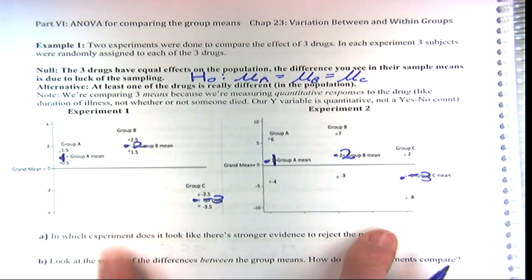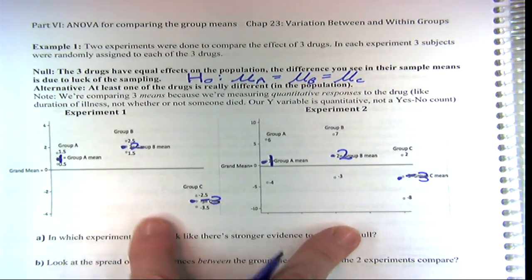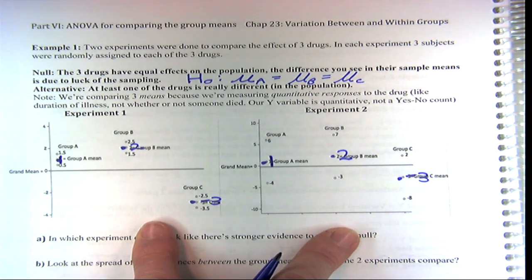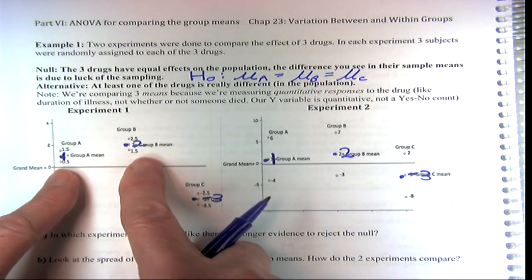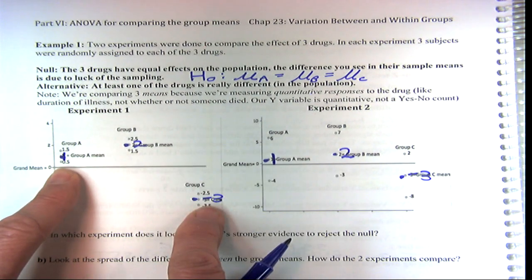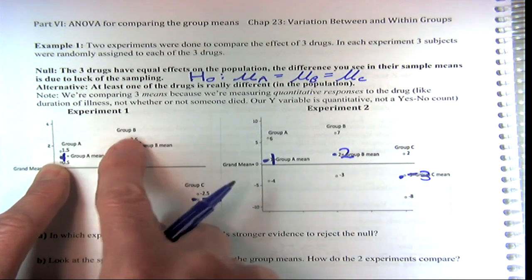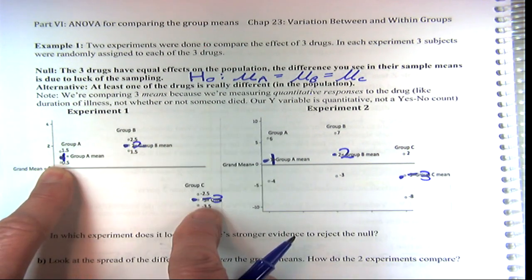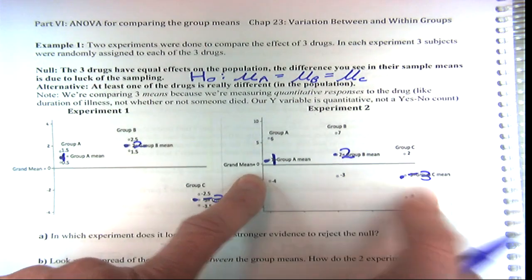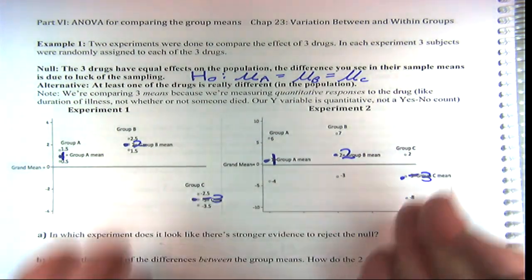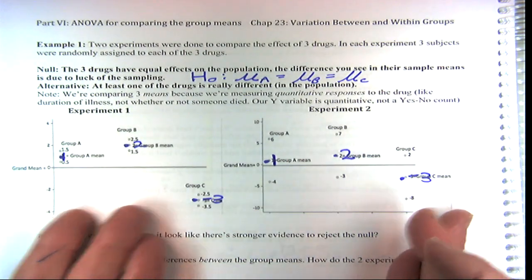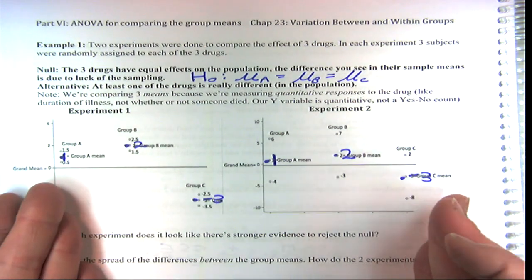So now the question is, these are 2 experiments, and when we compare 1, 2, and -3, they're placed differently on here, but they're the same numbers. If we just looked at the averages, they look like they were the same. Each experiment would give us the same evidence, right?